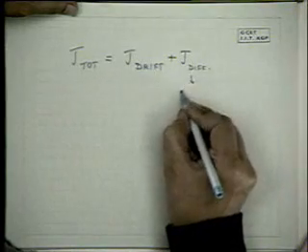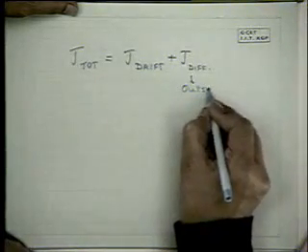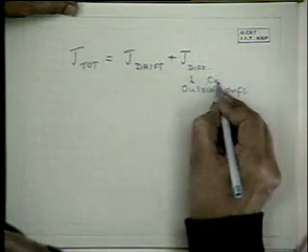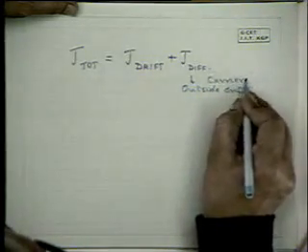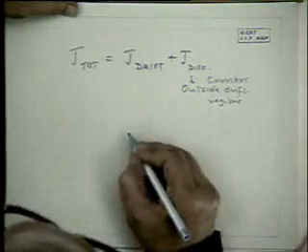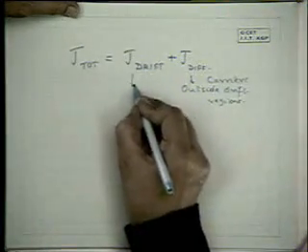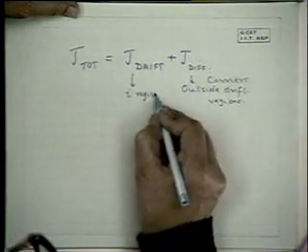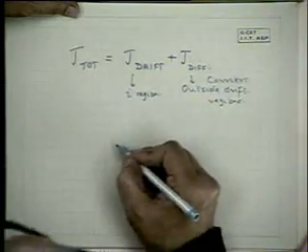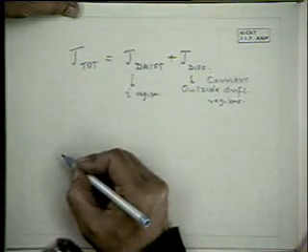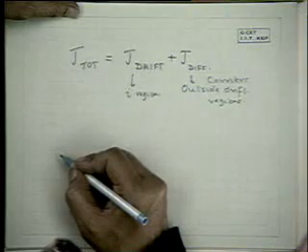This is the current outside the drift region, and this is due to the current in the I region. And these carriers are created by light.